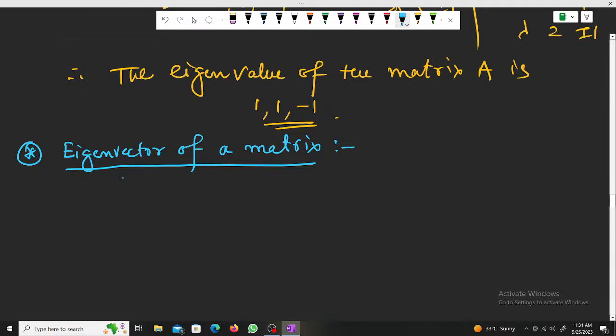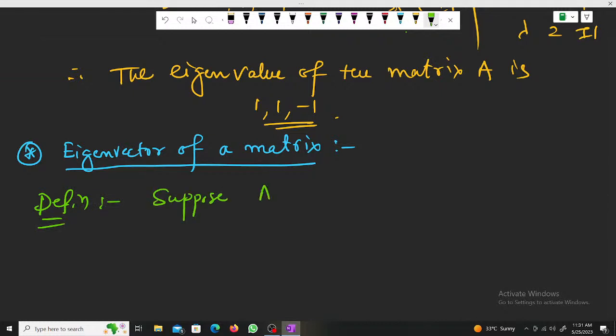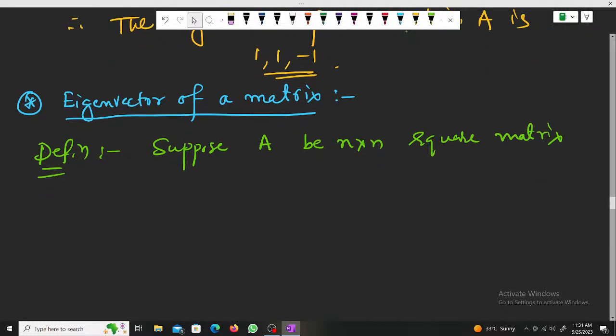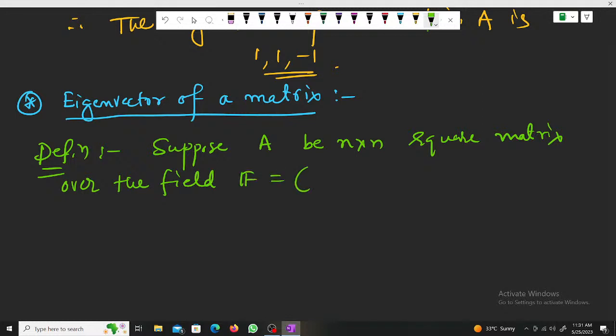Okay, first we define the definition. Suppose A is an n by n square matrix over the field F. That means F equals to either R or complex number. মানে আমার যে ম্যাট্রিক্সে যে এন্ট্রিগুলো আসছে সেই এন্ট্রিগুলো either real number either complex number, right?